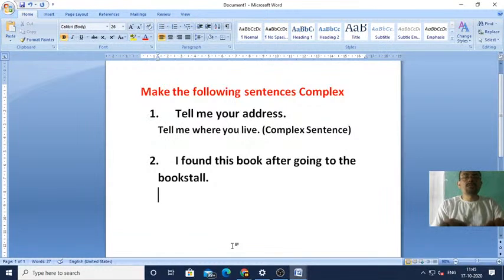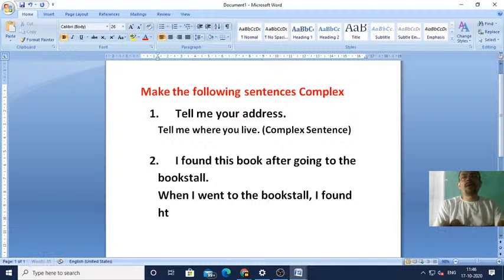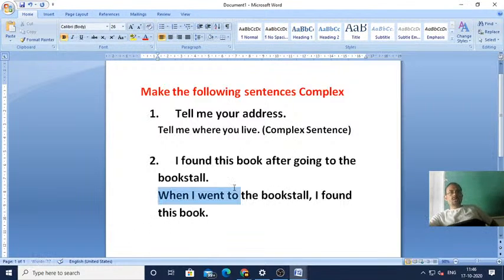You have to write, when I went to the bookstall, I found this book. Okay, dear students, you see, when I went to the bookstall is the subordinate clause, because it is depending on the main clause, and I found this book is called the main clause.